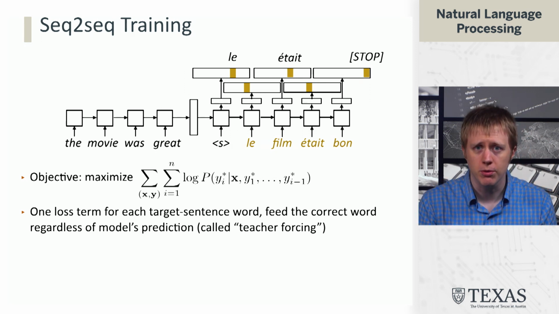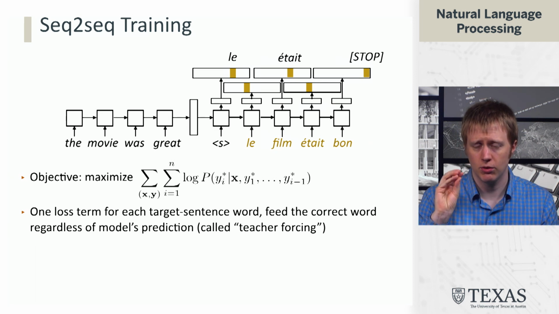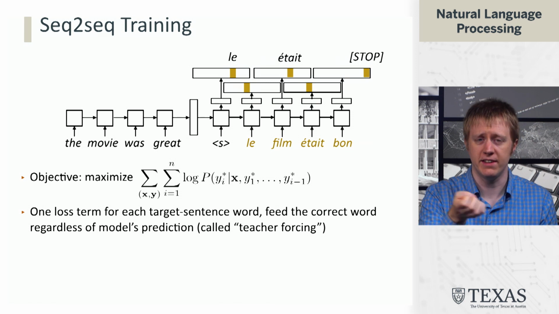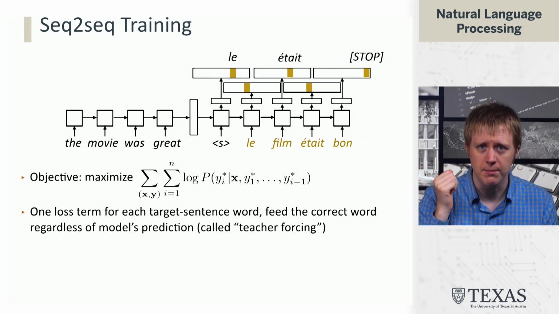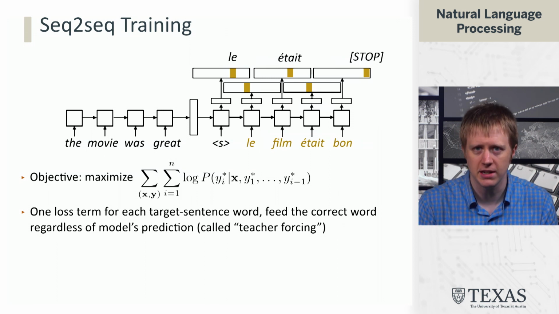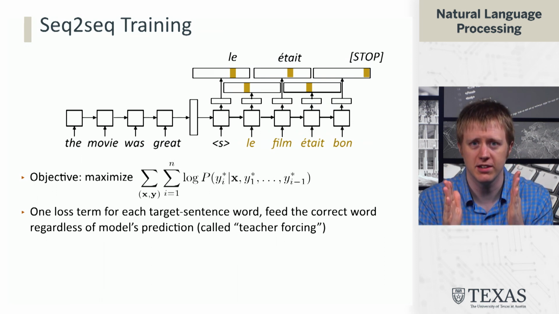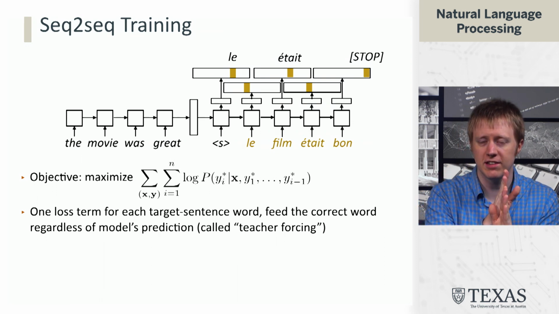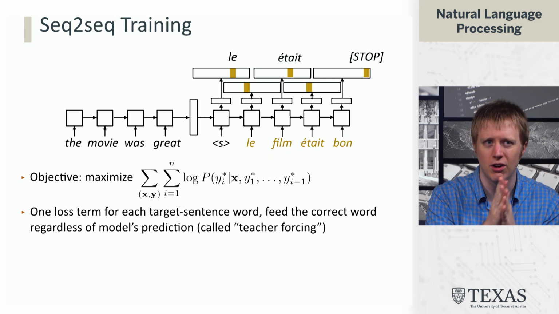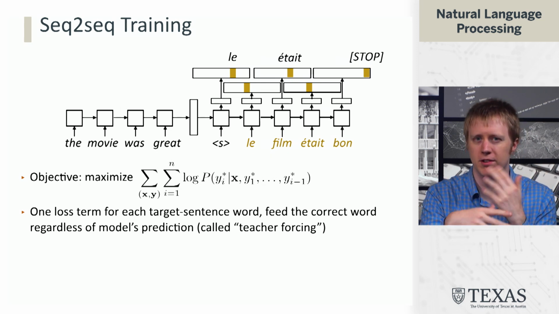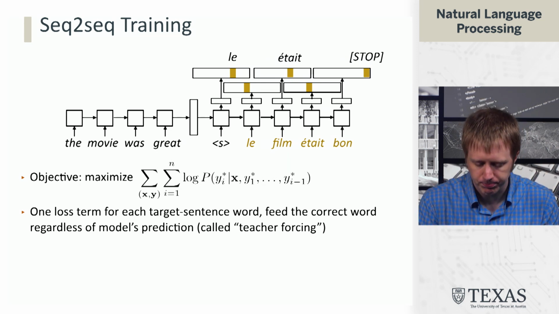So that's what we're doing here, but it's a little bit weird that we assumed we did everything right, because at test time we might actually do stuff wrong. This is the same idea that came up when we talked about dependency parsing in the transition-based or shift-reduce framework. If you always assume that the model has made correct decisions, then if it makes an incorrect decision at test time, it can go off the rails because it gets itself into weird states that it's never seen before.